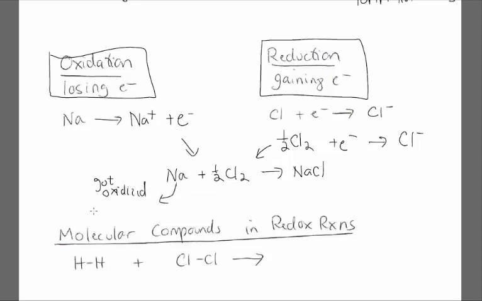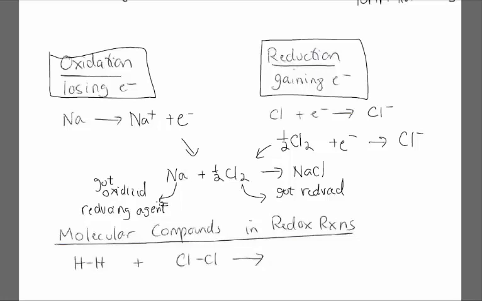But the really confusing part of it is we also say that sodium acted to reduce the chlorine. Okay, so the chlorine got reduced, but we say it was reduced by the sodium, which got oxidized. So we say that the sodium is also the reducing agent.